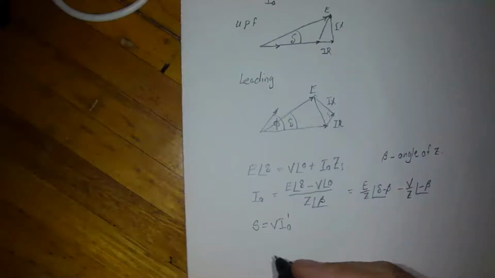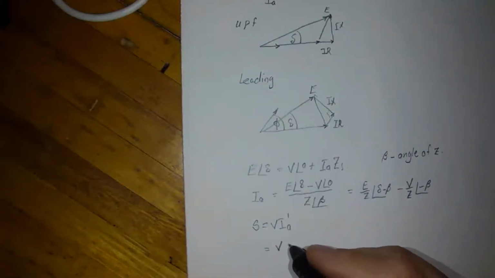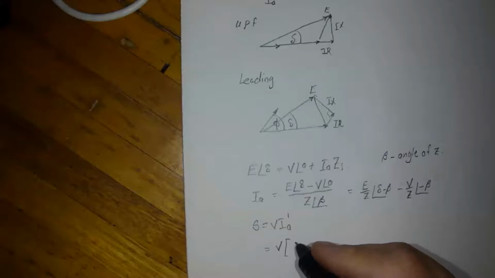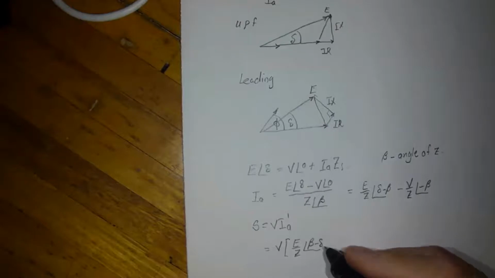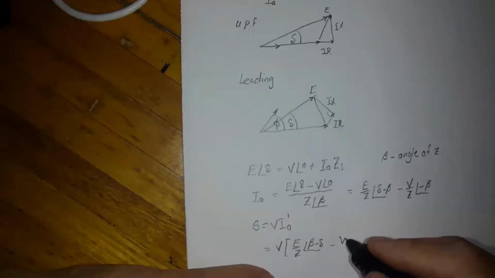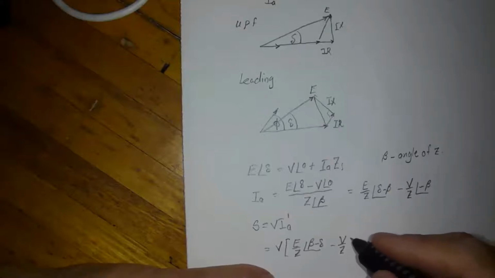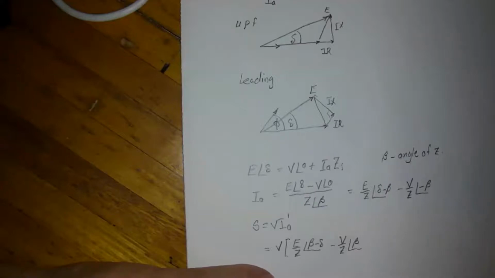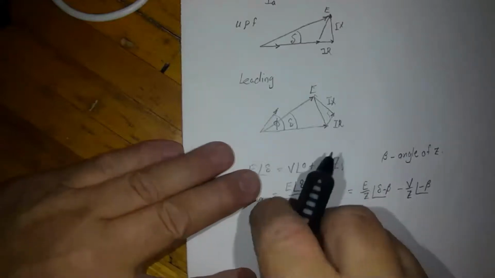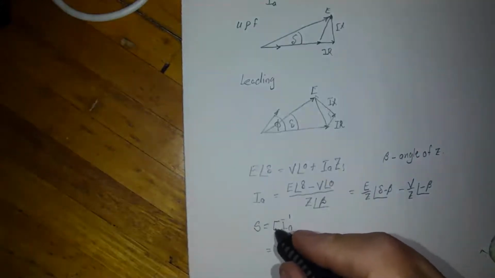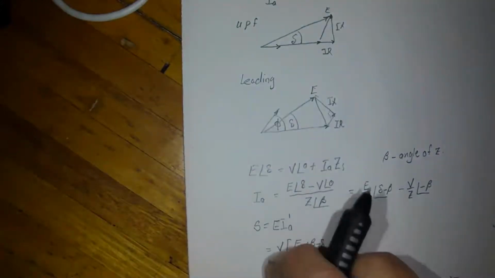So the conjugate then will be V times E over Z at the angle of beta minus delta, minus V over Z at angle beta. All right, this is output. I want the induced or the developed power.